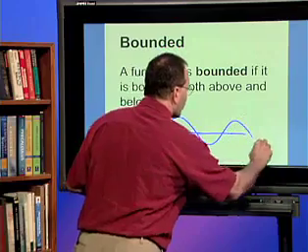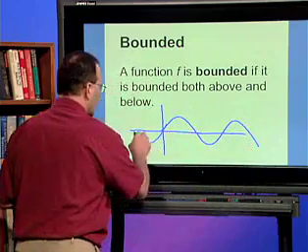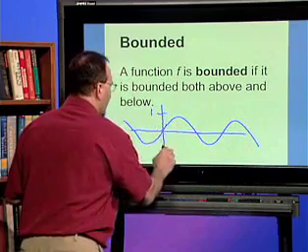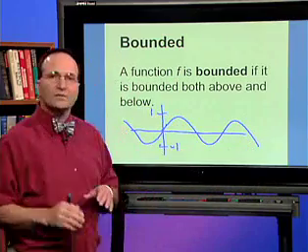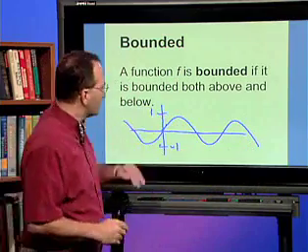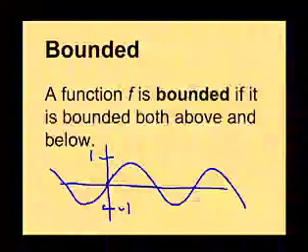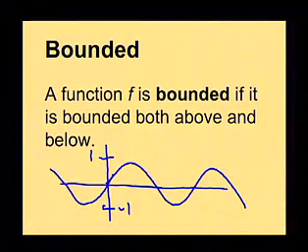The sine curve looks like this, and actually it continues in this direction as well, but its highest point that it ever attains is the value of 1. And the lowest that it ever attains is the value of -1, which means that it is bounded from above and it is bounded from below, and therefore it's referred to as a bounded curve.